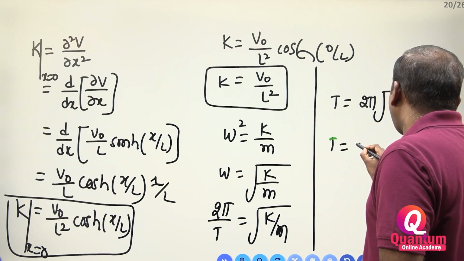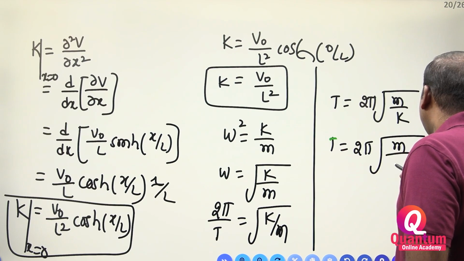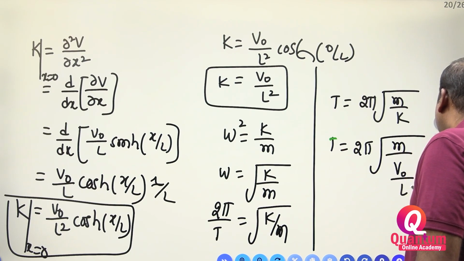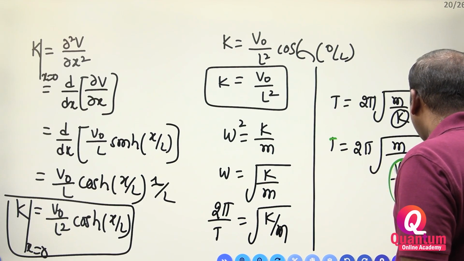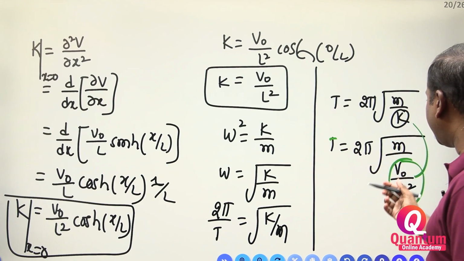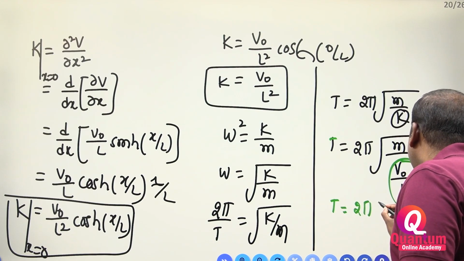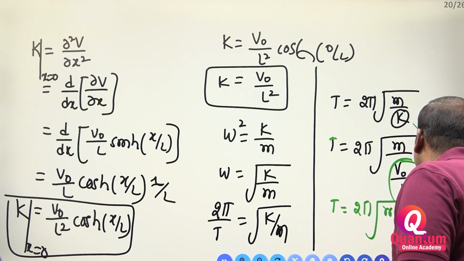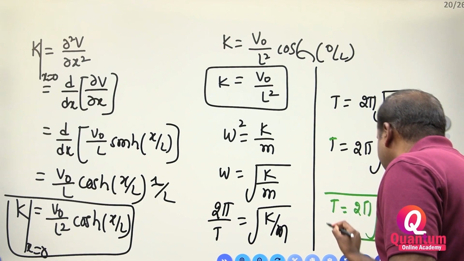Therefore, T is equal to 2 pi into square root of m divided by V naught by L square, where k is equal to V naught by L square. The denominator goes to the numerator, so T is equal to 2 pi into square root of m L square divided by V naught. This is the time period.